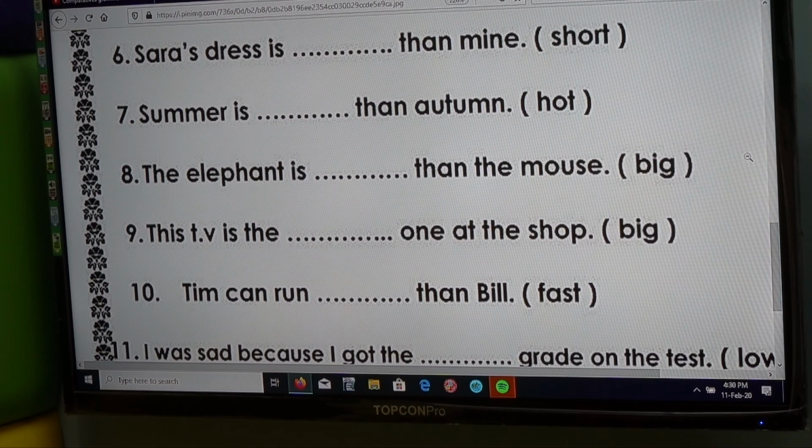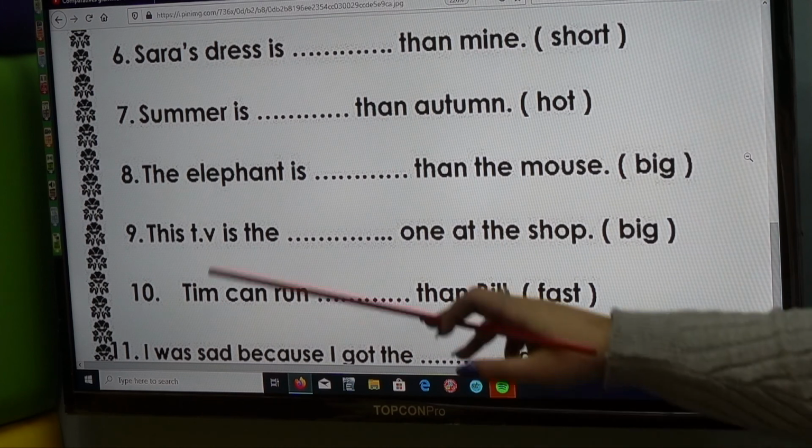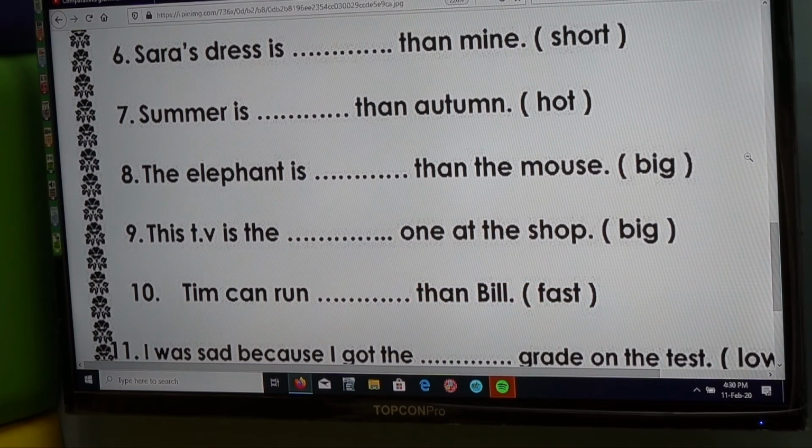If you are looking for a television for your home and you go to the shop to get it, right? So there are many options for you. There are many kinds of TVs you can choose, right? So basically they are comparing more than 3 things, right? So we use comparative or superlative?